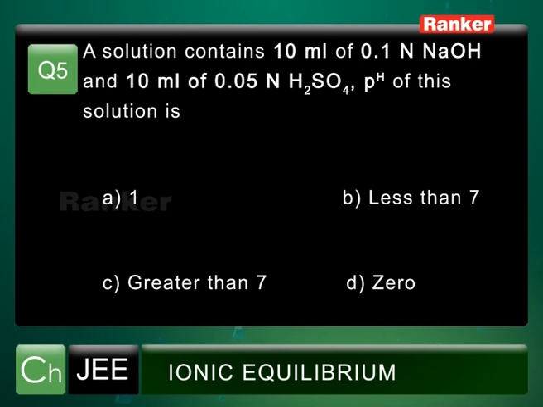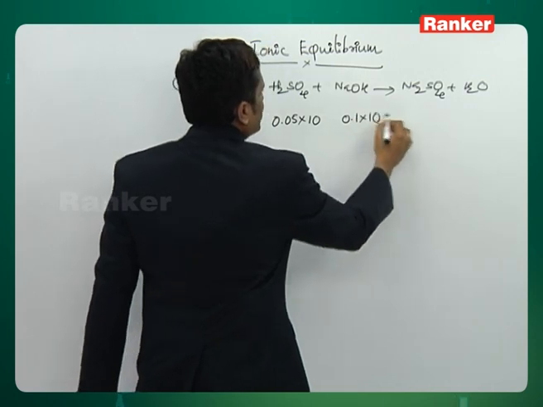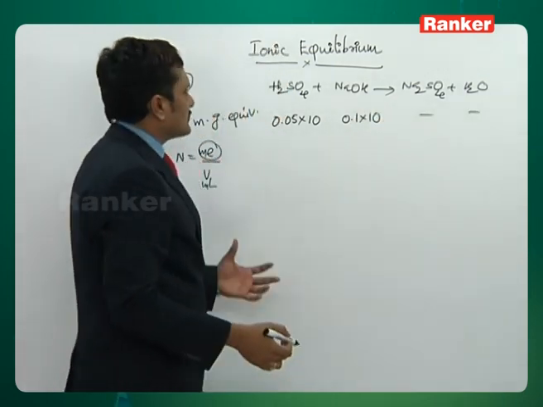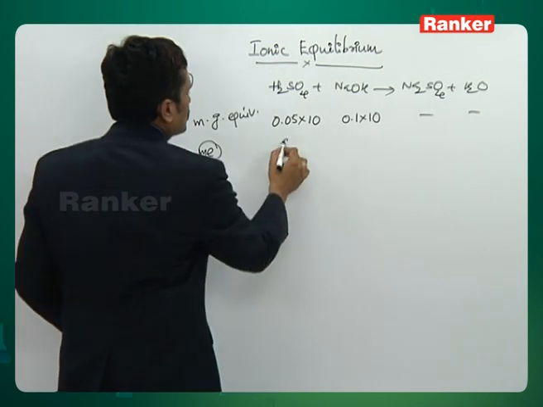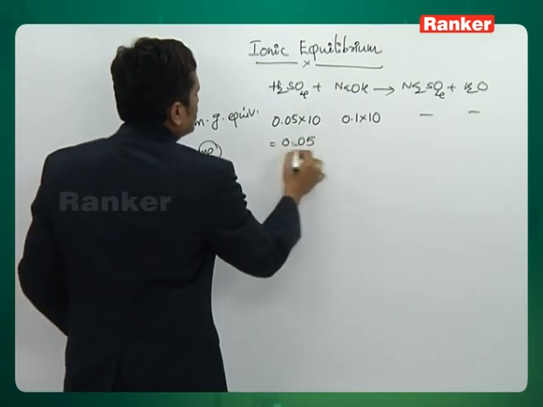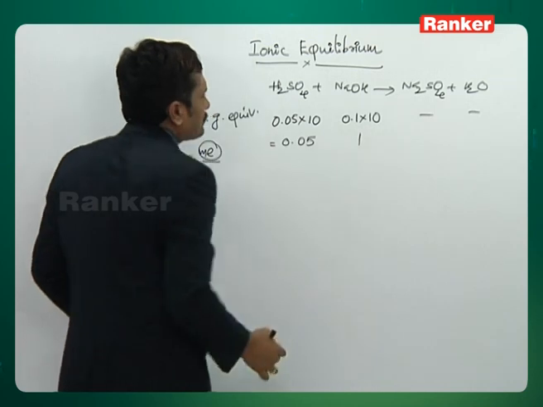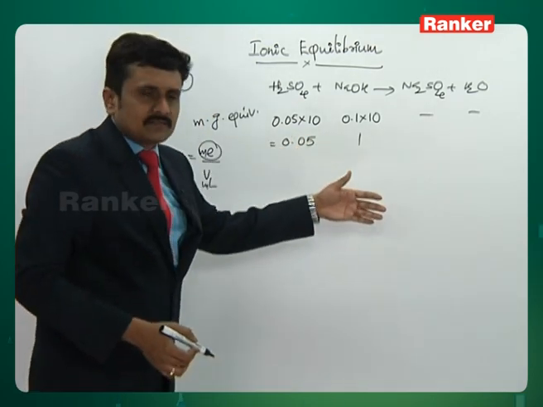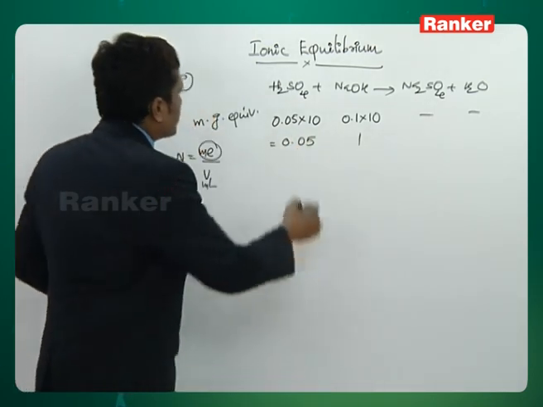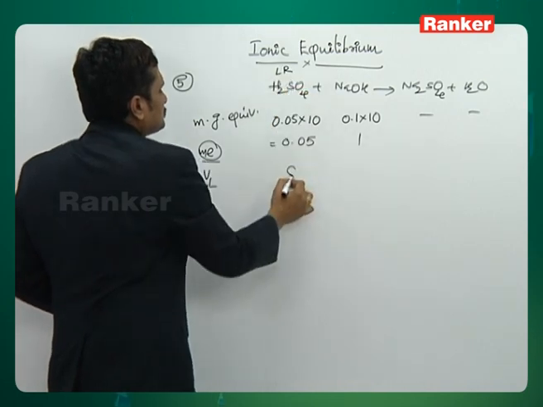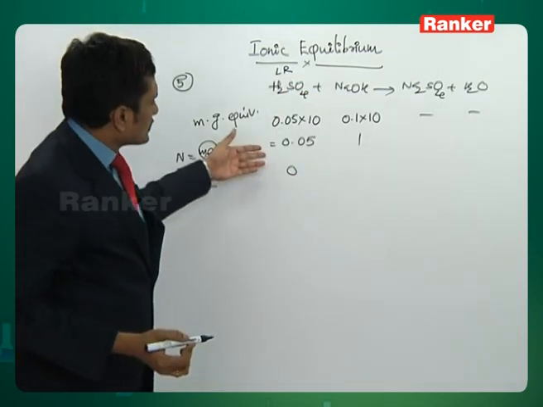Now we have NaOH whose normality is given as 0.1, once again into 10. Now these two are about to react. Now we can see clearly that this value turns out to be 0.05, whereas this is 1. Now when these two react, obviously this is going to be the limiting reagent, because its amount reacting is less.